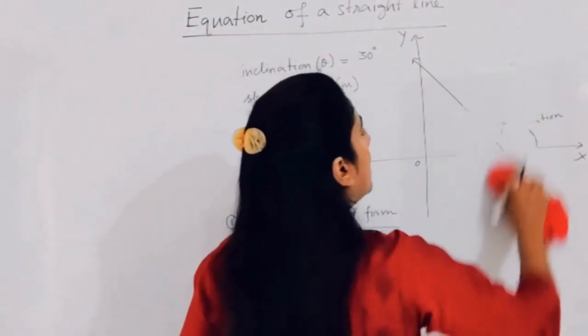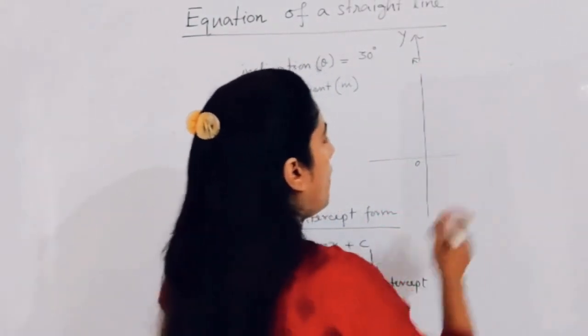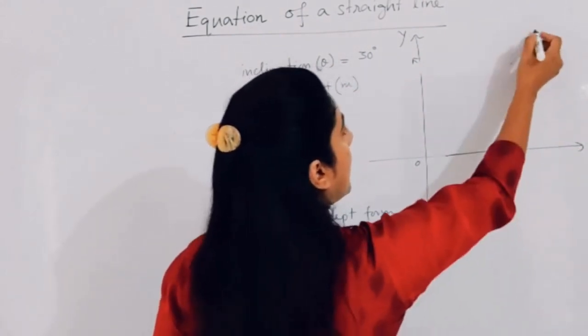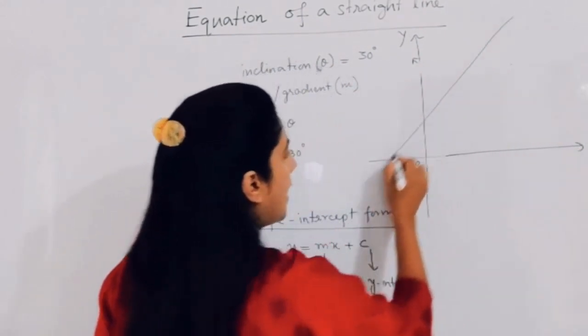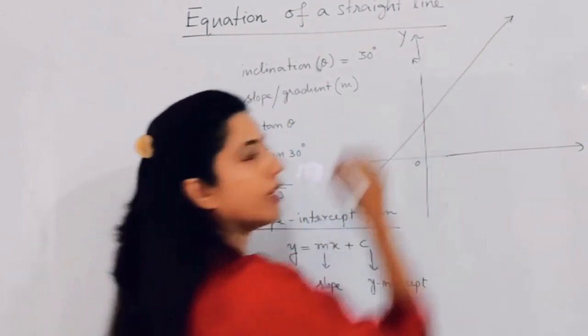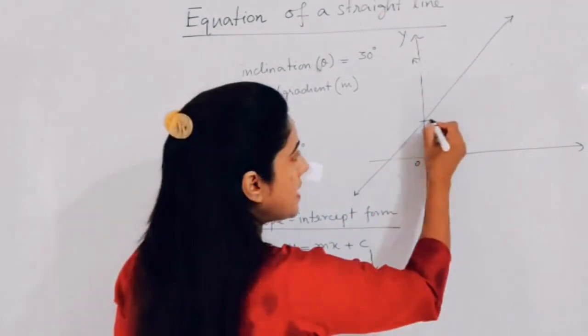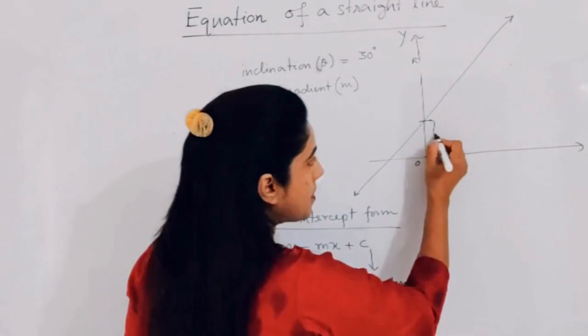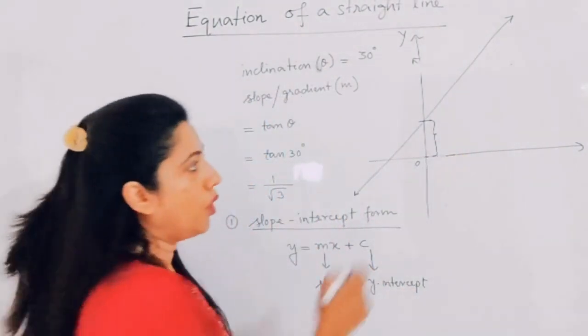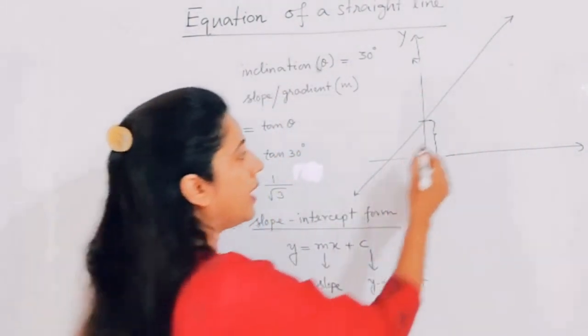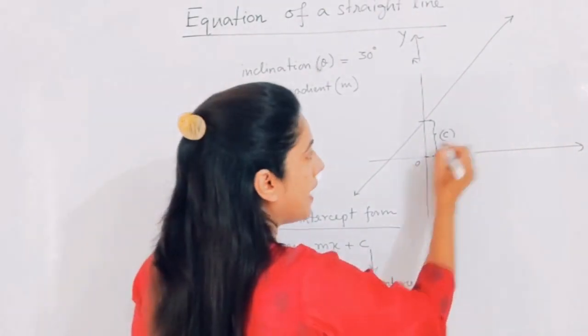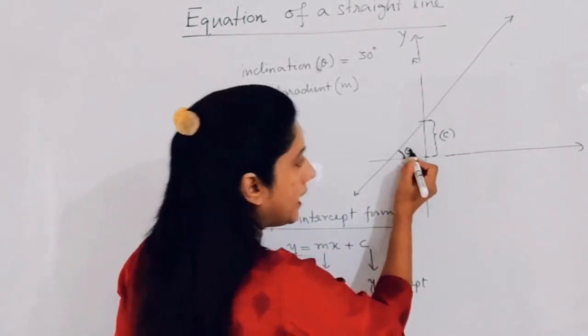Suppose one line is like this. Suppose this is the line we are talking about. In this case, this is the y-intercept. This part is the y-intercept which is made by the line. This is denoted by c, and this angle is your theta.